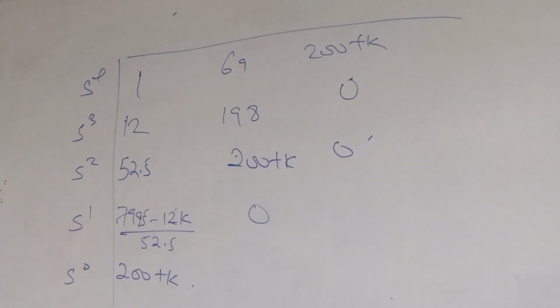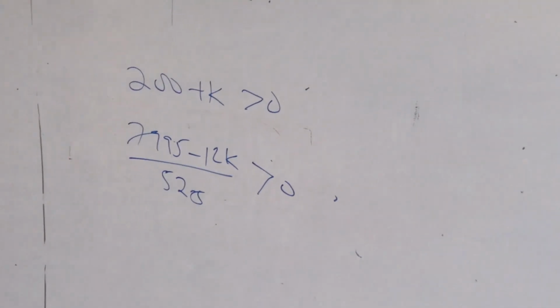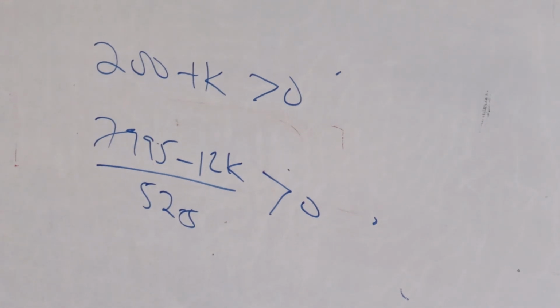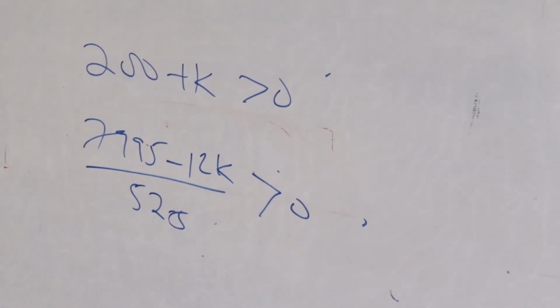So, after that, for the range value of K, in the first column, 200 plus K should be greater than 0. And 79.95 minus 12K over 52.5 should also be greater than 0. So that is what you are supposed to get. So what you get from there, K should be less than what and greater than what?